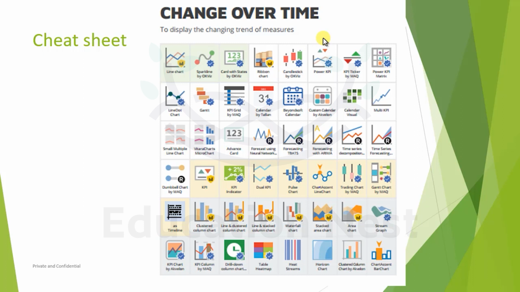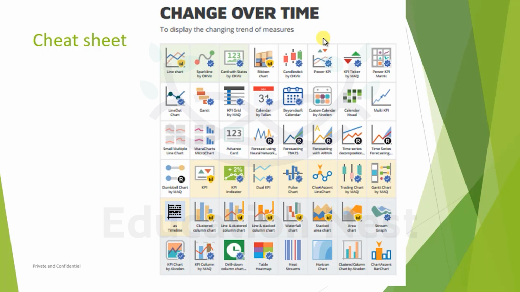Then there is a Power KPI chart wherein you can have two continuous measures running parallel with each other, for example, the cost reduces and the volume of sales increases. So if you are tracking two simultaneous measures which are continuous in nature, then it makes sense to make use of these charts which show the changing trend of the measures over a period of time.